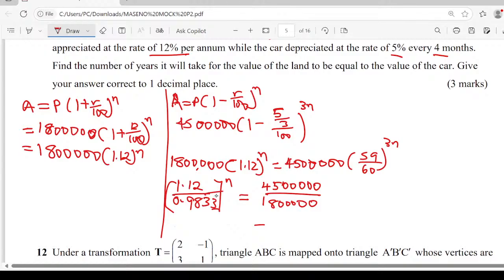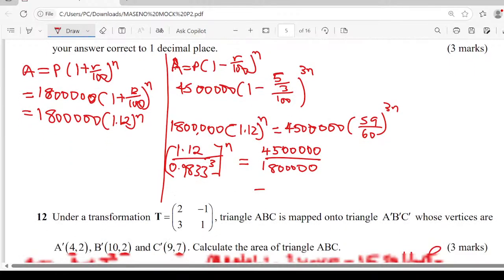This base here should be cubed because of this power. It was 0.9833, but now should be cubed. 0.9833 cubed. Yes, exactly, that is now the correct way.